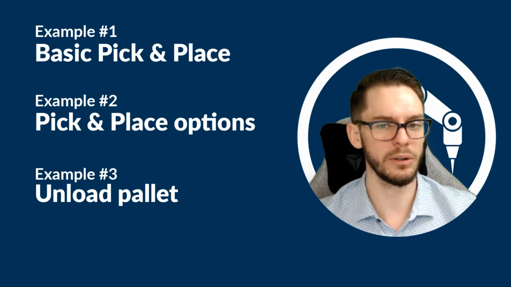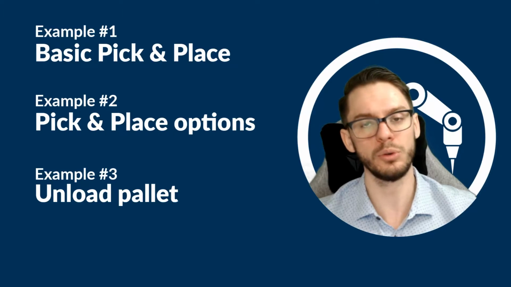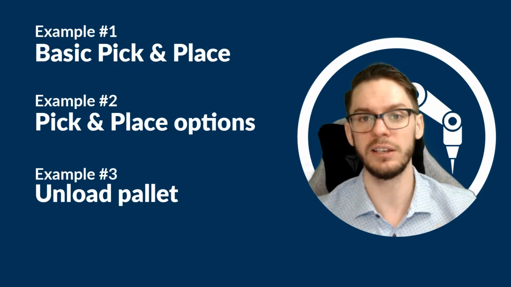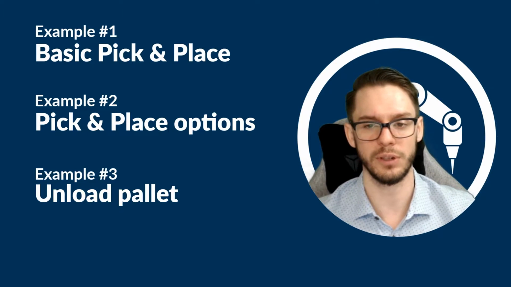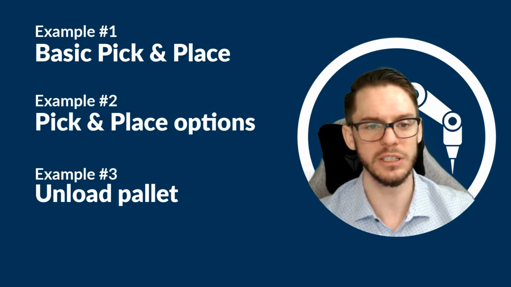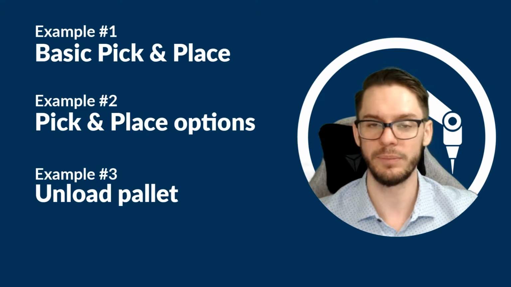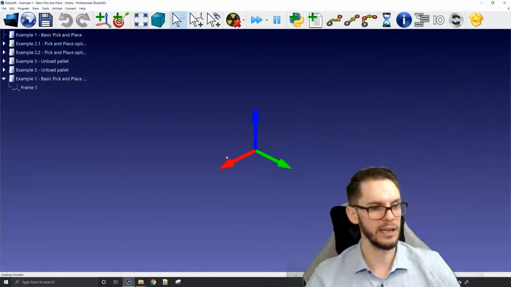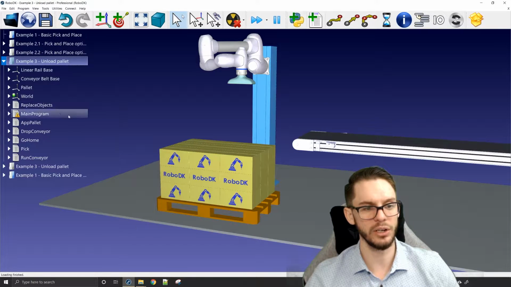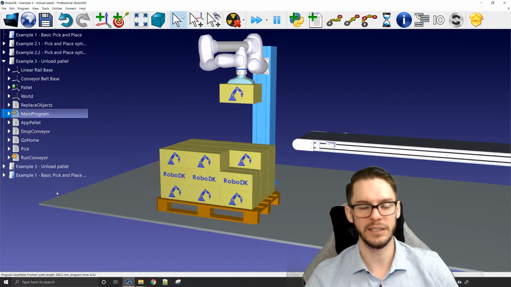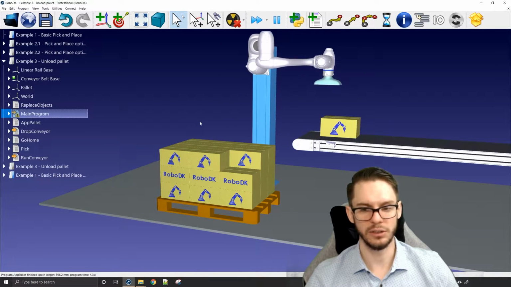After that, we will go through 2 small examples that will show you some options in the attach feature of RoboDK. It will help you with your pick and place applications. And lastly, but surely not least, I'm going to show you how to create the unload pallet application that we used to promote this webinar.